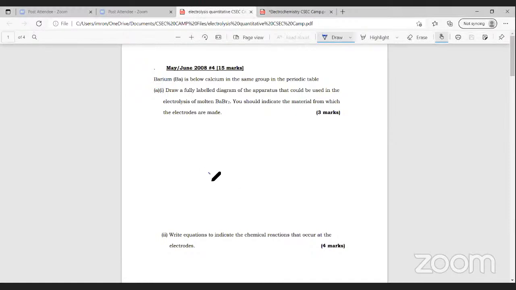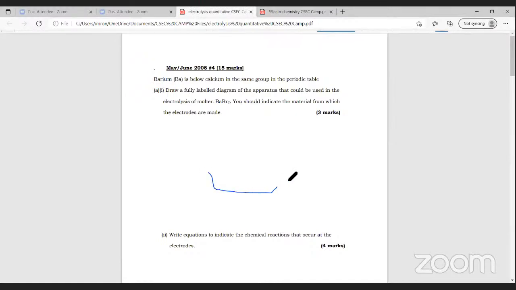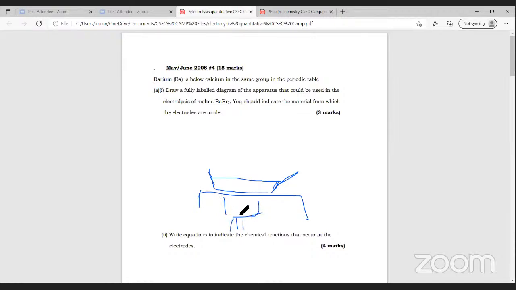All right, so you would need to have some container, probably made of ceramic material, very high melting point. All right, and you would definitely need to heat. Wow, I'm not drawing the Bunsen flame so good here, but yeah, you get the picture, right? You need to apply heat.